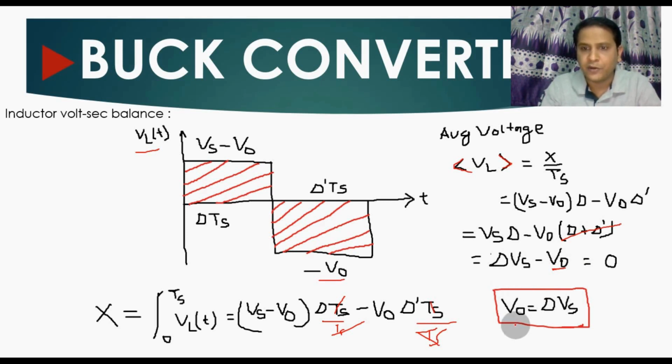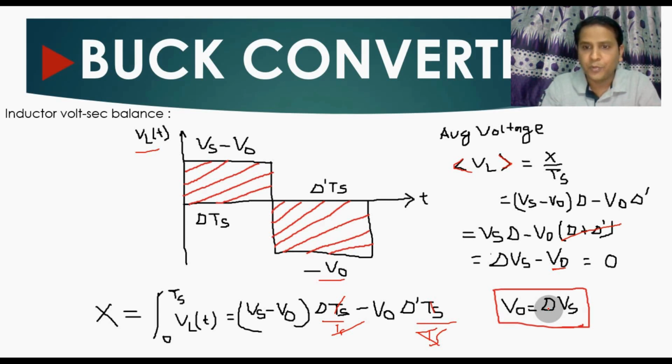If you want to find out the transfer function, Vo divided by Vs, it equals d. So by looking at this formula, you can see in a buck converter your output voltage is directly proportional to the duty cycle times your input voltage. So this is a very important parameter you need to pay attention to: what is the output voltage of your buck converter, or what is the transfer function of your buck converter?